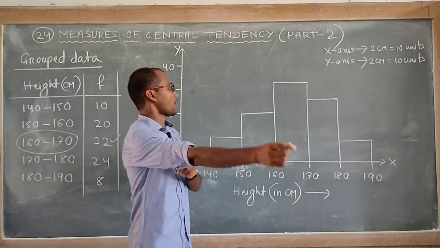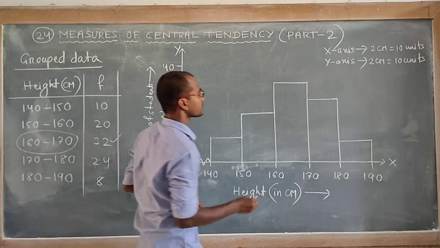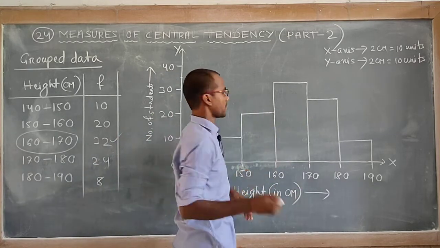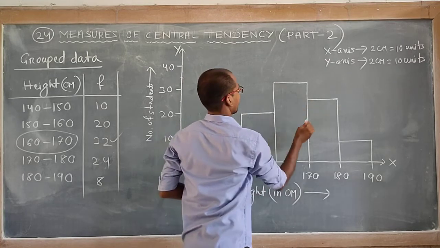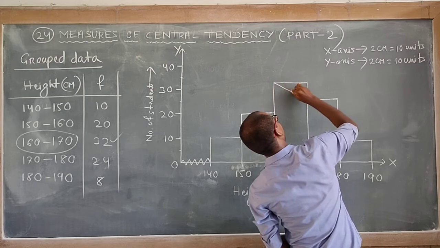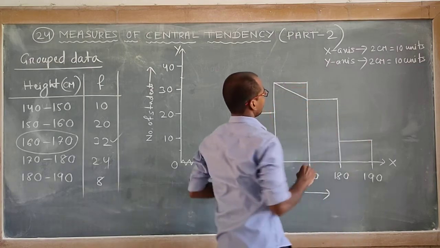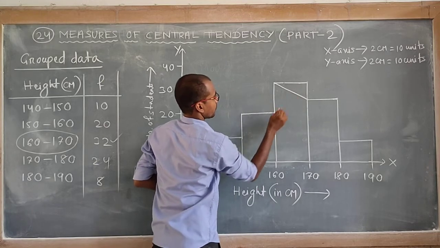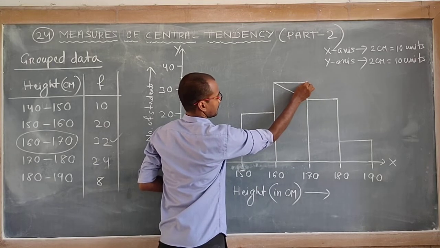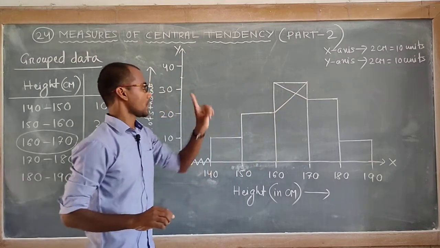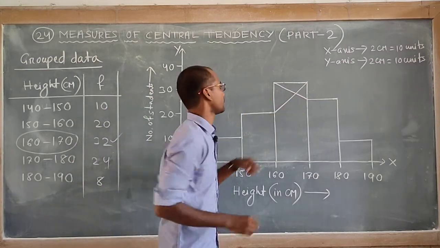Now how to find the mode? From this point to this point you have to draw a line. Join this point and this point. Then join this point and this point. You got a point of intersection.